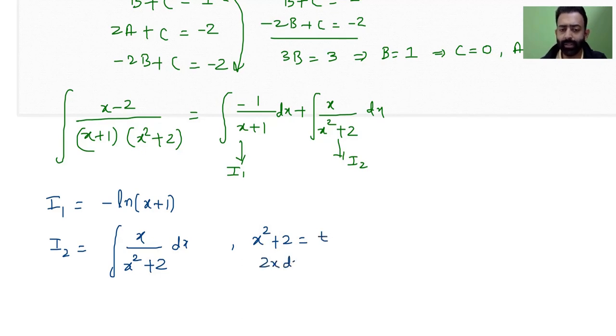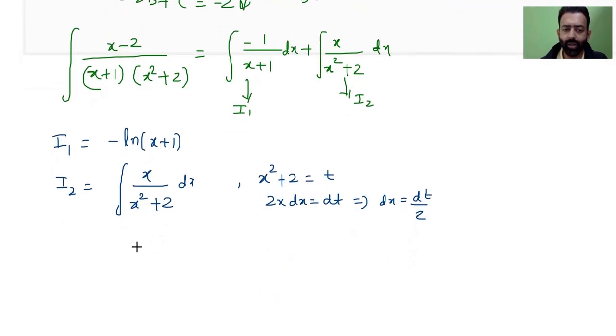So 2x dx is dt, that means x dx is dt over 2. Taking this 2 outside, and this is just t, so this is half of ln x square plus 2, right?